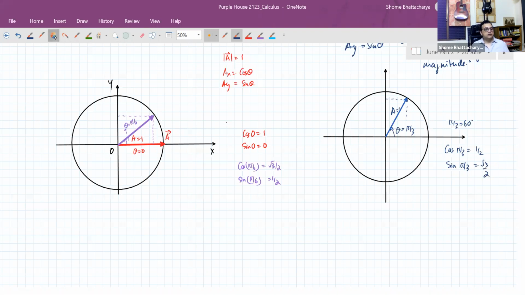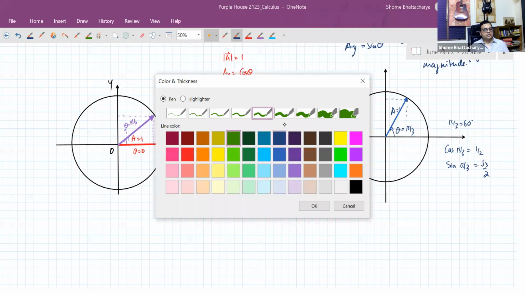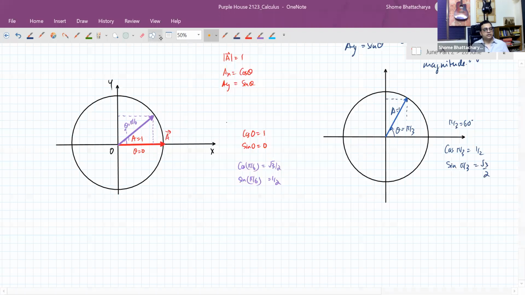By the time I rotate it to 90 degrees, it's the other way around, exactly the inverse of what it was at 0. When I keep it at the 90-degree position, the y component is equal to unity.